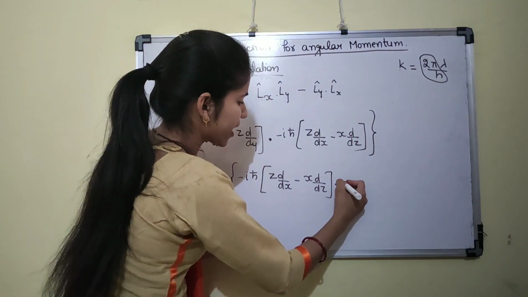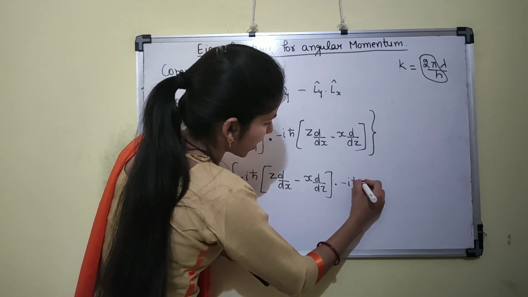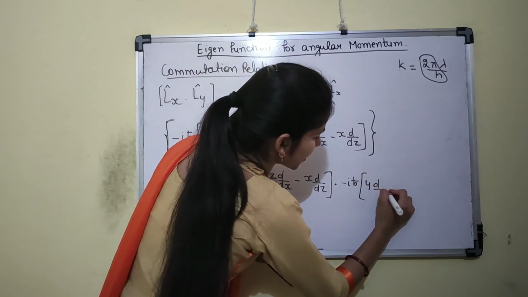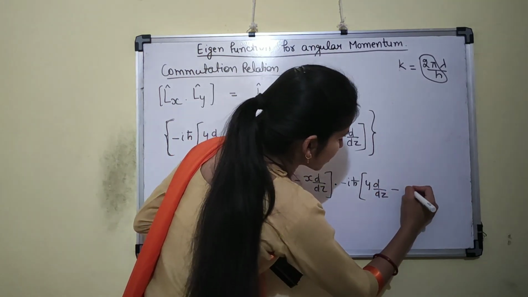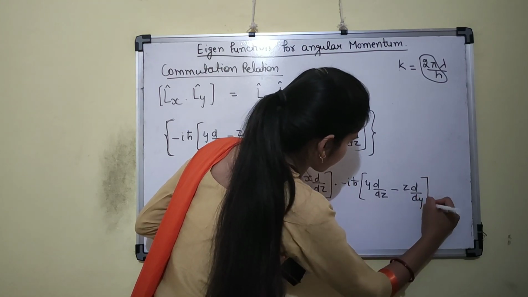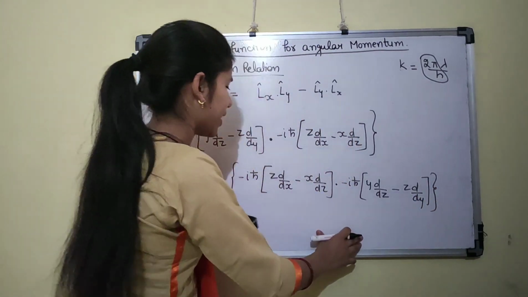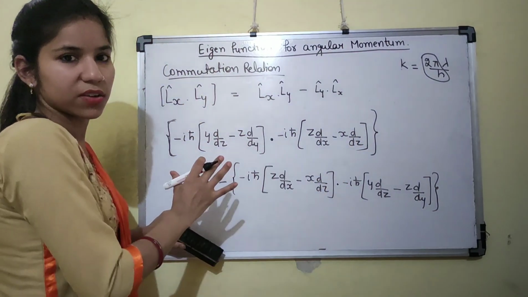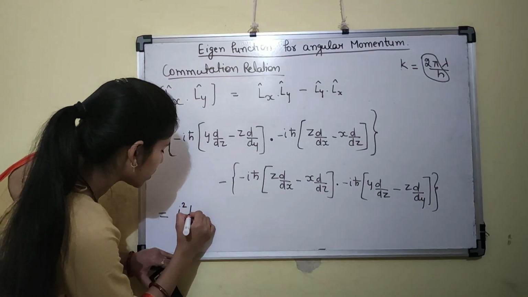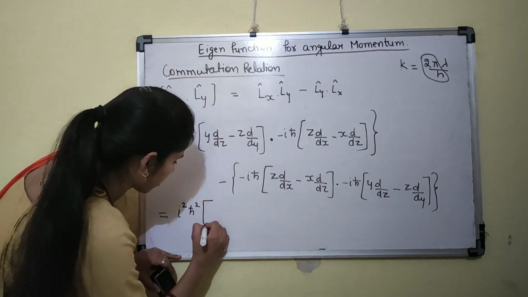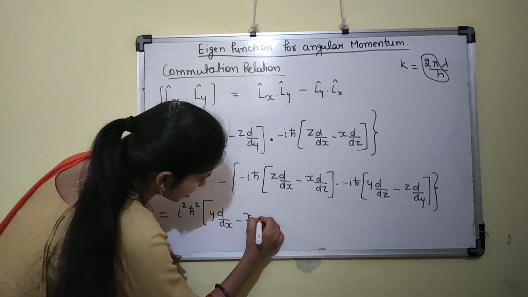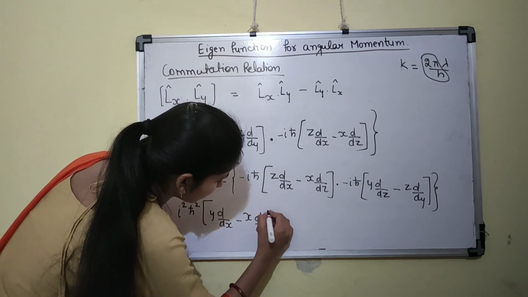The value of Lx is minus iota h cut, y d by dz minus z d by dy. And when we solve this equation, the answer will be iota square h cut square, y d by dx minus x d by dy.